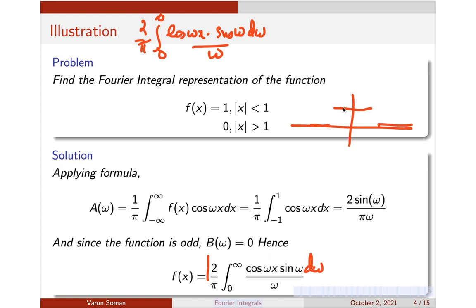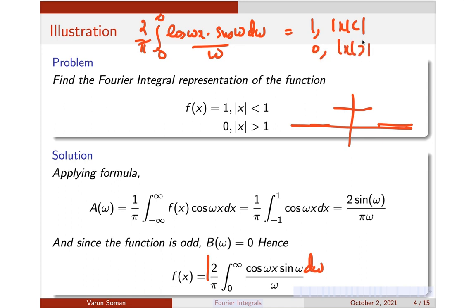So there is a discontinuity at the point 1 and also minus 1, because there is a break there. So at all points except 1 and minus 1, this integral would be equal to the value of f of x. So I can write this as equal to 1 for mod x less than 1 and 0 for mod x greater than 1.